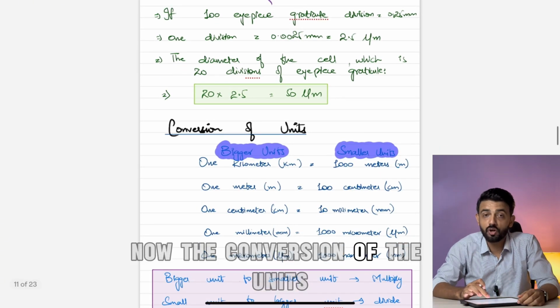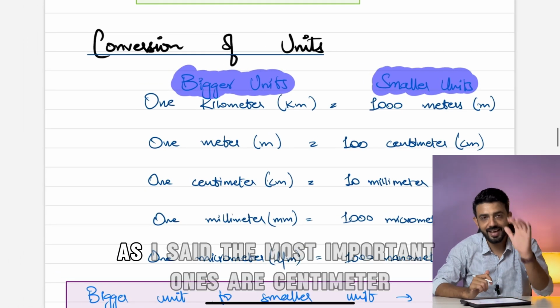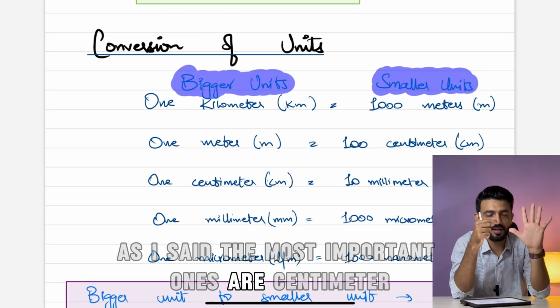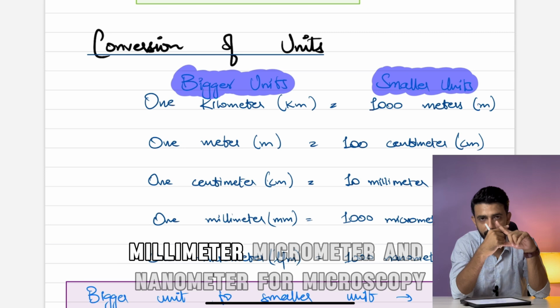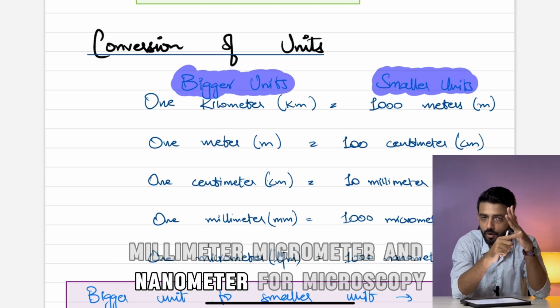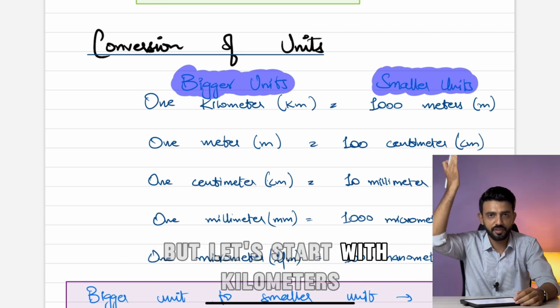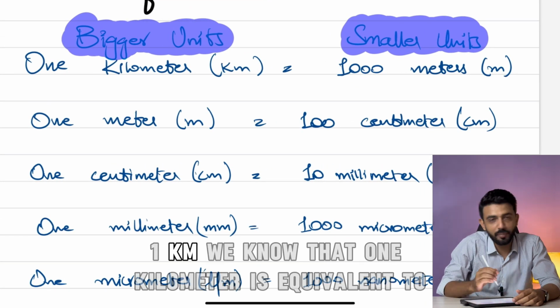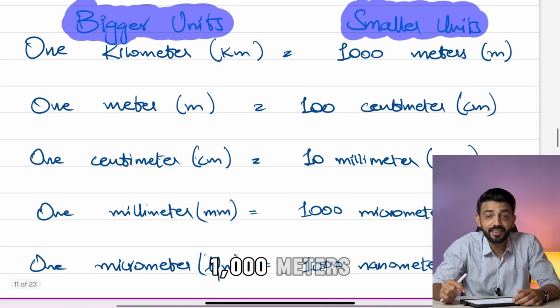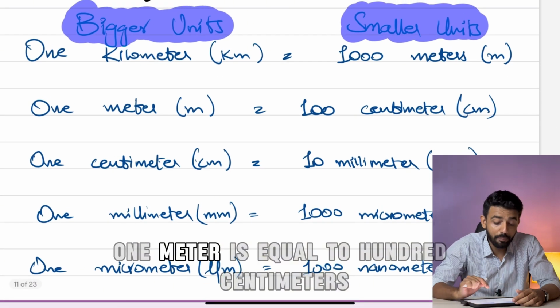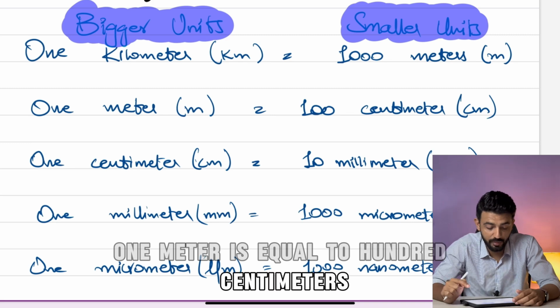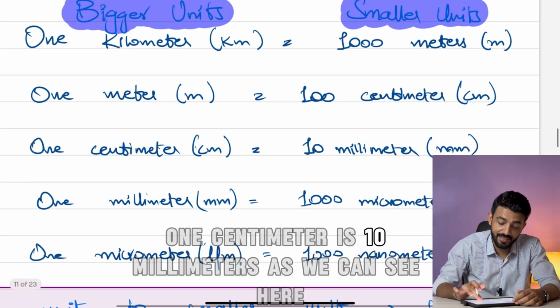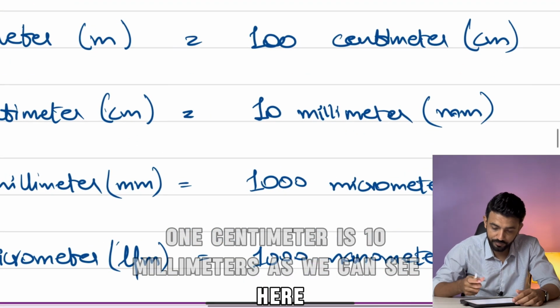Now the conversion of the units. As I said, the most important ones are centimeter, millimeter, micrometer, and nanometer for microscopy. But let's start with kilometers. 1 kilometer is equivalent to 1000 meters. 1 meter is equal to 100 centimeters. 1 centimeter is 10 millimeters, as we can see here.